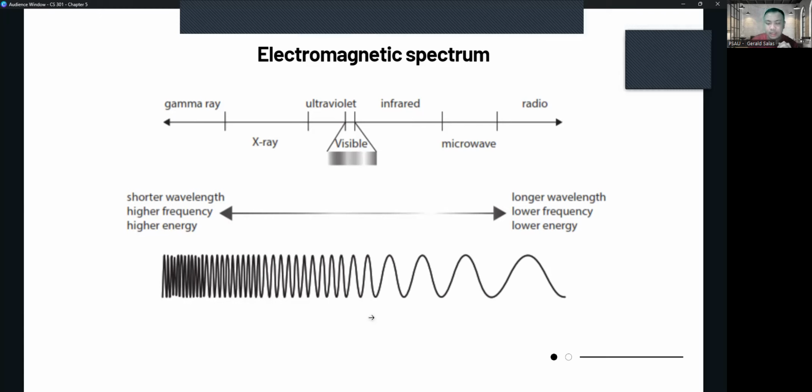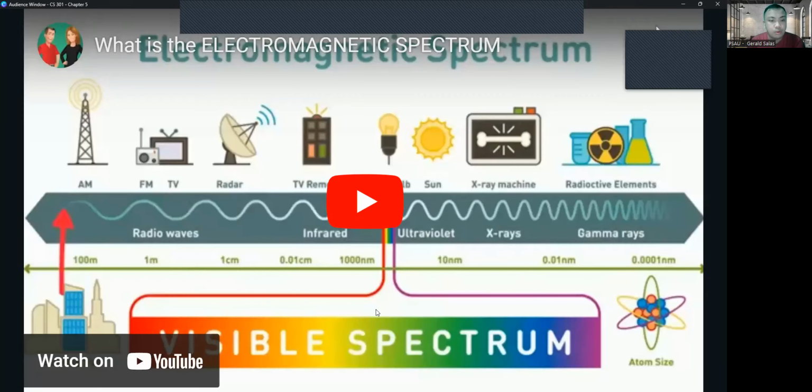That's why in the tropical region, we only have a very pronounced hot and dry and rainy season. So yun yung primary reason. So the shorter wavelength has more energy and it releases higher temperature. Now this is a very short video explaining this electromagnetic spectrum. So let's together watch this video.